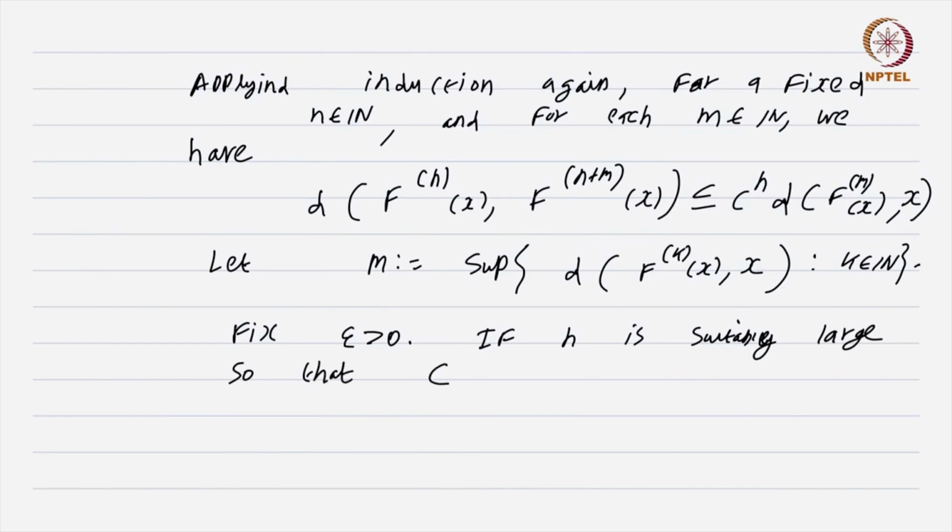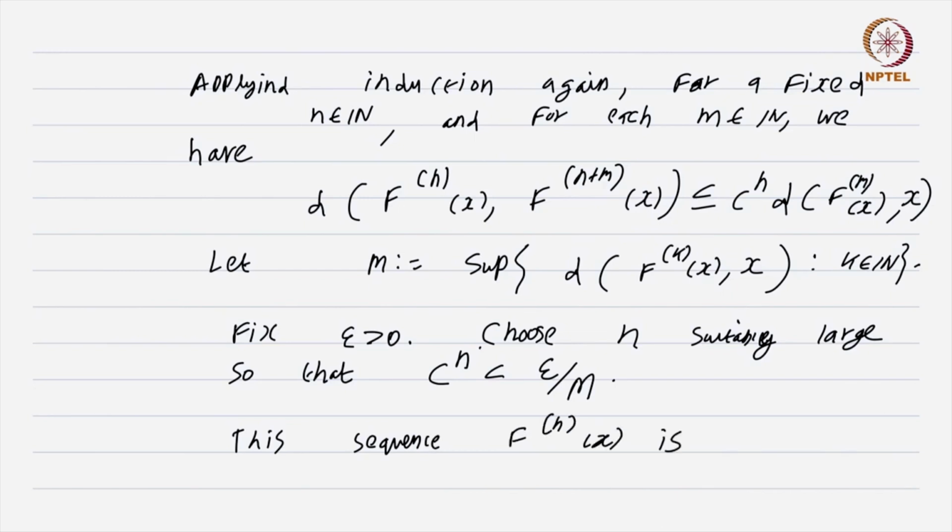Choose n suitably large so that c^n is less than epsilon by M. Rather than saying choose n suitably small, large is a better phrasing. So what we can conclude from this is this sequence f^n x is Cauchy.